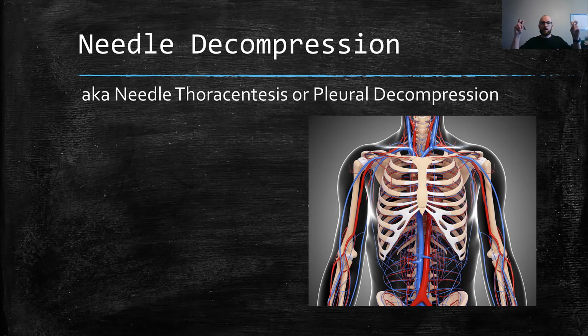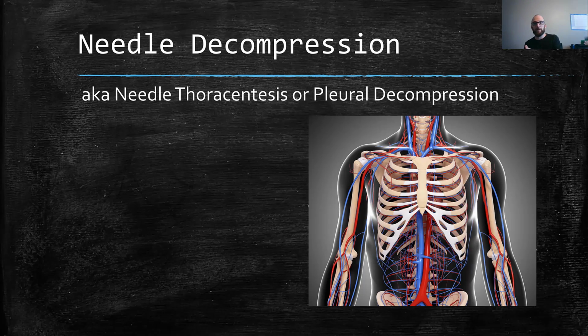If you have absent breath sounds and they're hypotensive, or absent breath sounds and they're altered, it's telling you that that problem has progressed enough and the issue is severe. So any sort of hemodynamic or cardiovascular compromise, in addition to those absent breath sounds, is good criteria for us to say this is a tension pneumo.